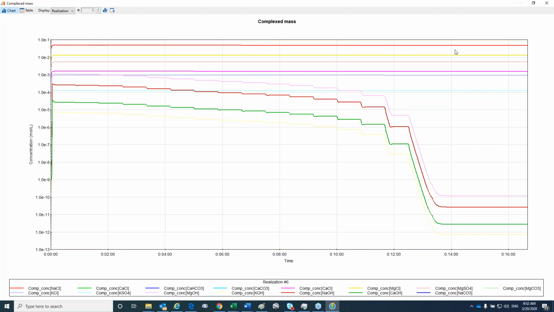Now, the reason why these are actually changing in concentration is because what we're actually adding to the titration vessel is concentrated hydrochloric acid. And when we're adding that, we're actually diluting other species. So we're diluting the sodium concentration, and we're diluting the magnesium concentration.